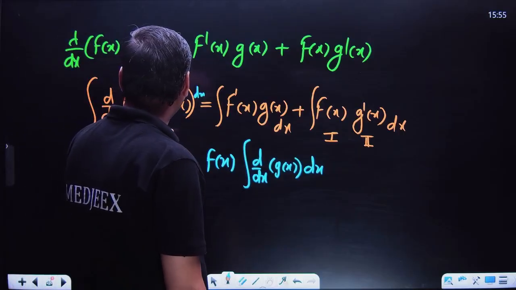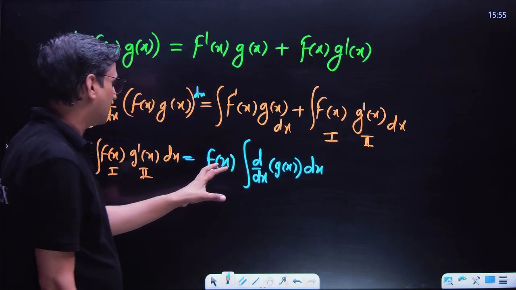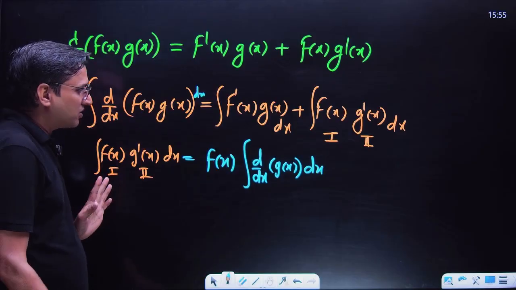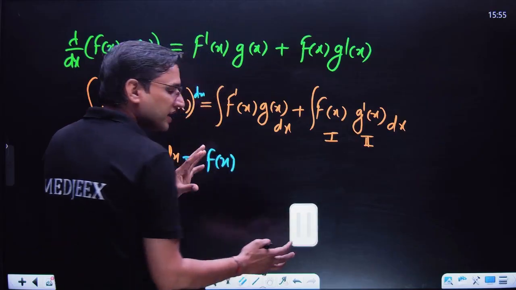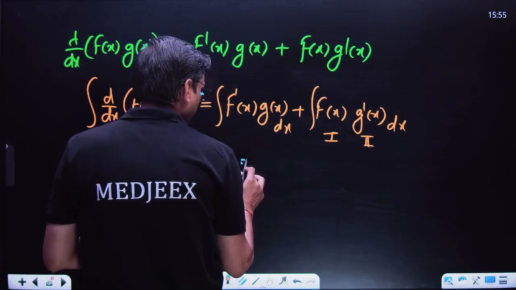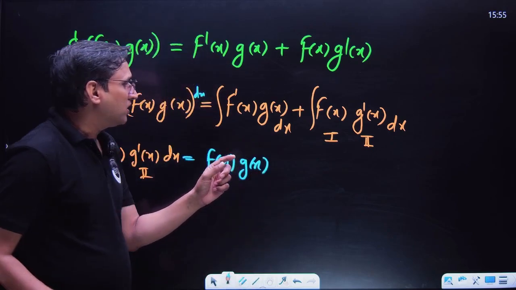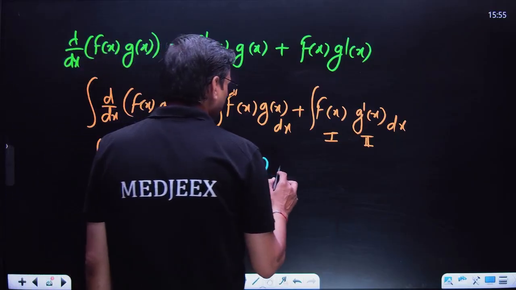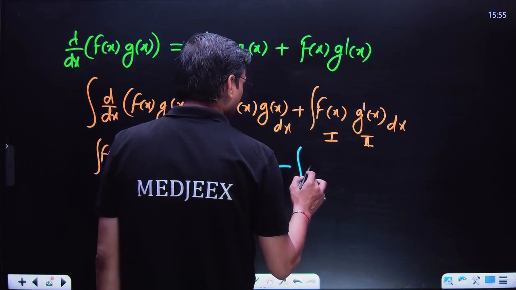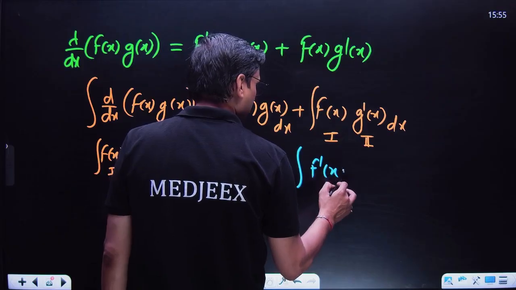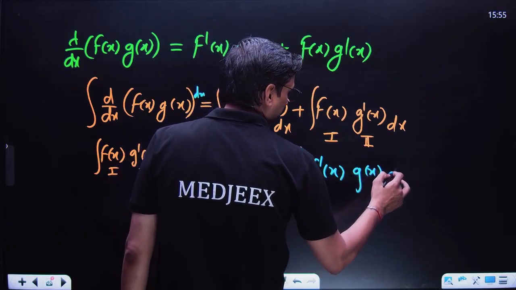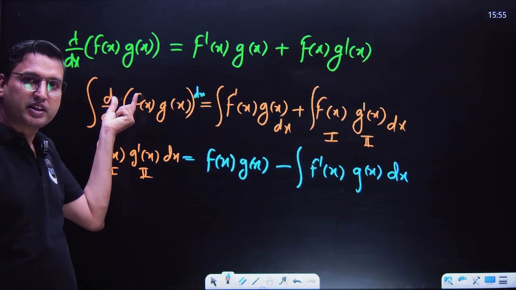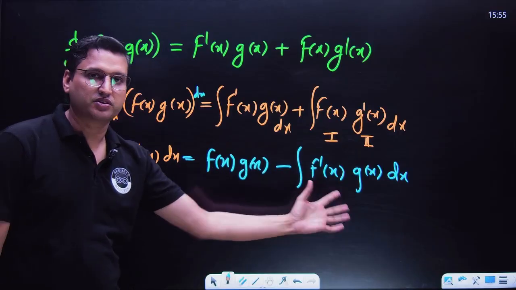This f(x) is written over here, dx is cancelled, integration was written. Now this is going to be transposed into the left side and rearranged. Now it can be written as minus f'(x)g(x) dx. Is this clear? This is written by transposing into the left side, and after rearrangement this is the answer.